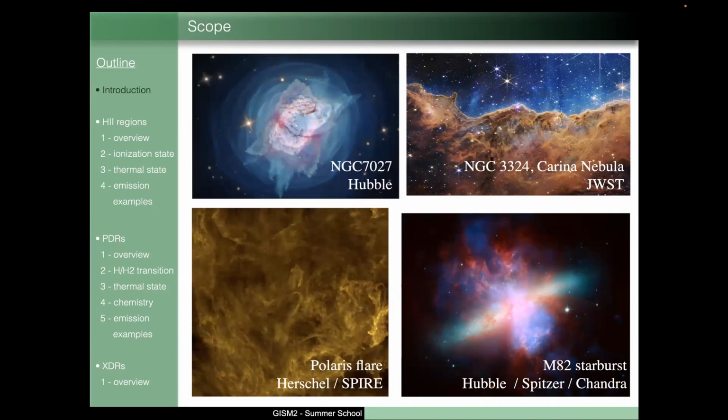There are filaments, there are sheets, it's complicated. In fact, you generally need to solve the radiative transfer in 3D to have the correct view of the chemistry inside this environment.